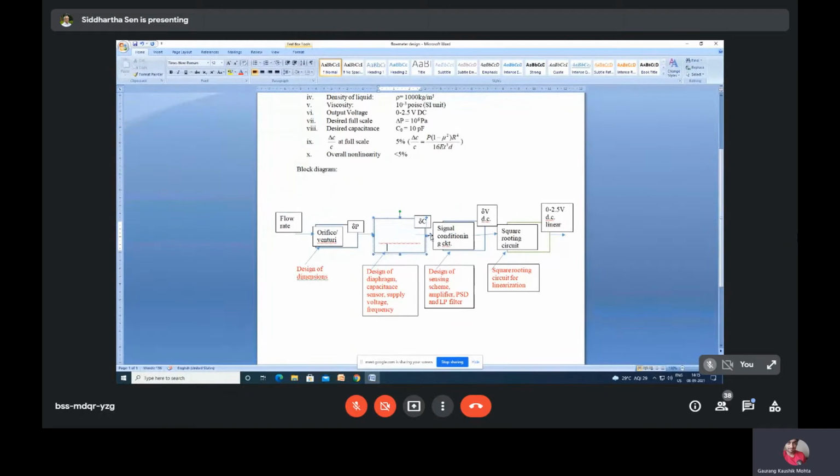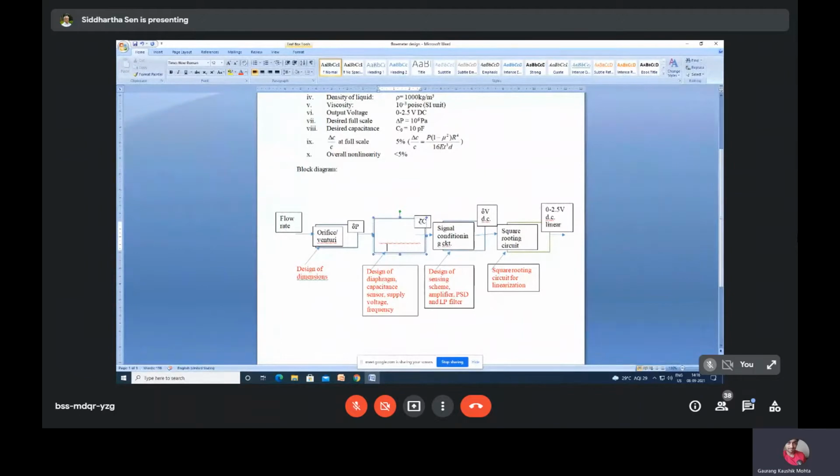So finally, delta C is the output here, and we need some signal conditioning circuit for measurement of delta C. We have seen different types of capacitive sensors.